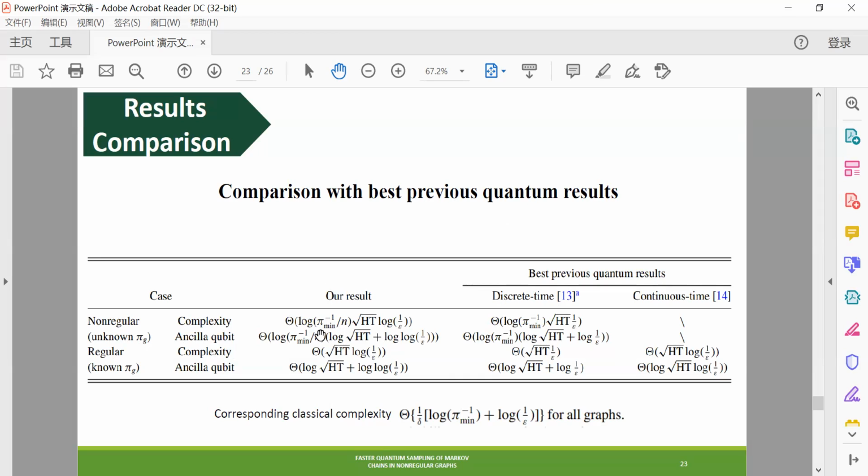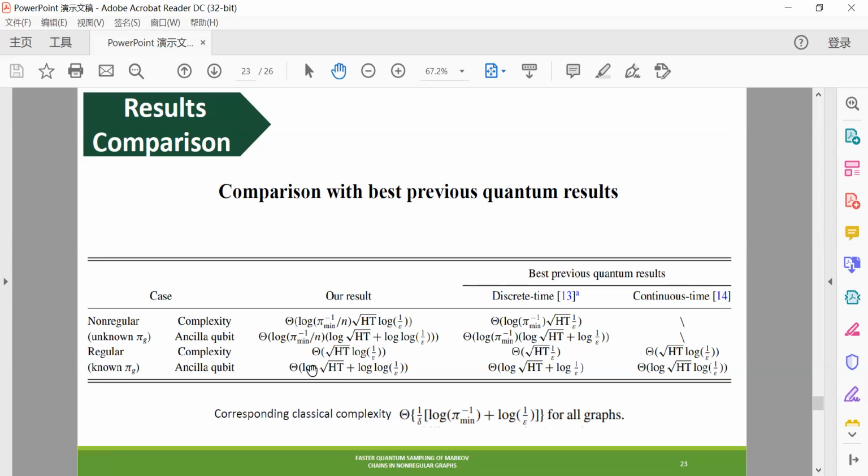Obviously, this will reduce this term, and for this term we can reduce a log. And for ancilla qubits, this is the existing result, but we can reduce the log from this, and this will be over n.